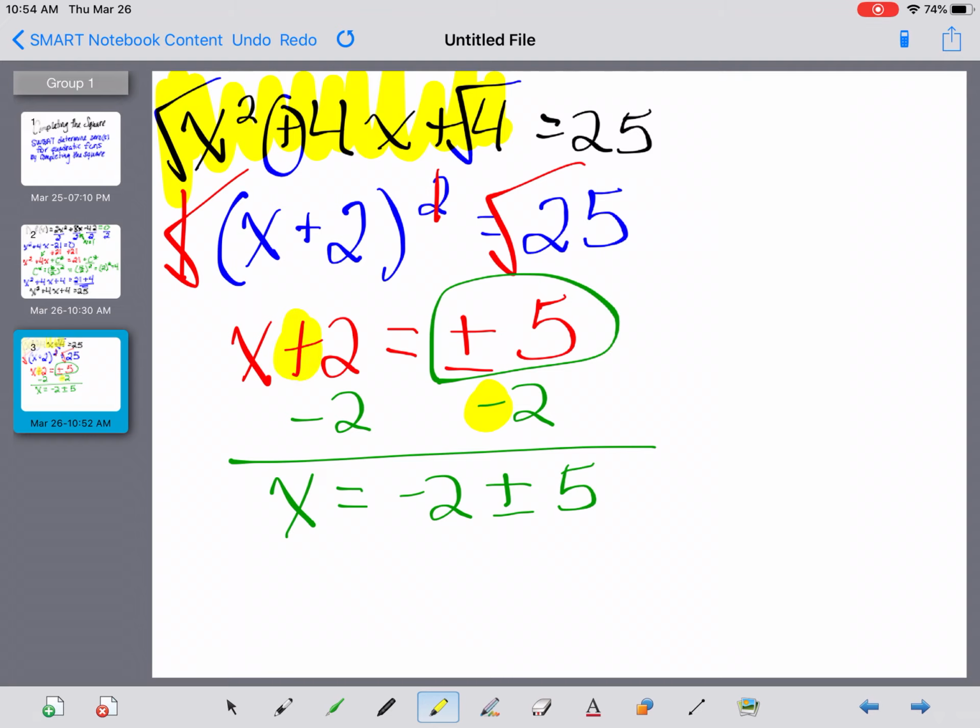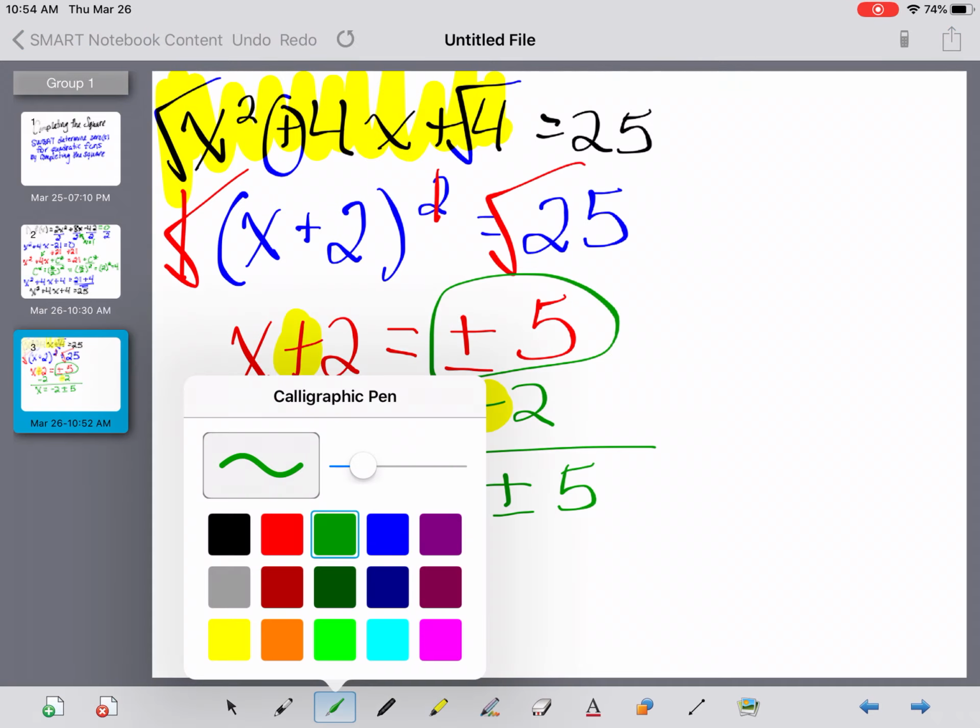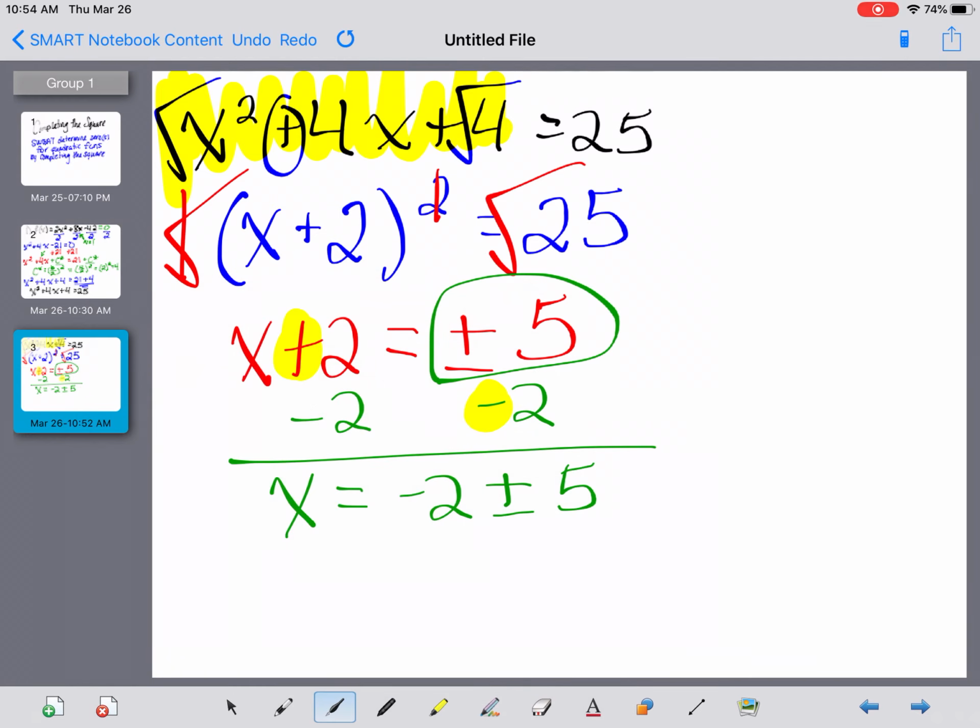Make sure that you're noticing that the signs do change when we do inverse operations. Okay, now that we have our plus or minus in the same area, we can go ahead and split up our answer. So this will give us -2 plus 5 and also -2 minus 5.